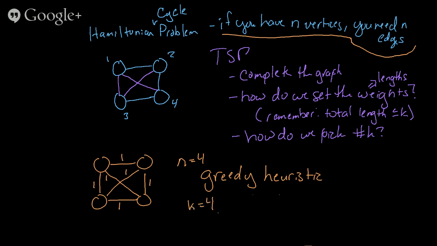That's the minimum k that we need to get around basically to create a Hamiltonian cycle or a traveling salesman solution. Start here, go around, visit each one once, end up where you started from, and you're going to get 4. No matter how you look at it, it's always going to be 4.